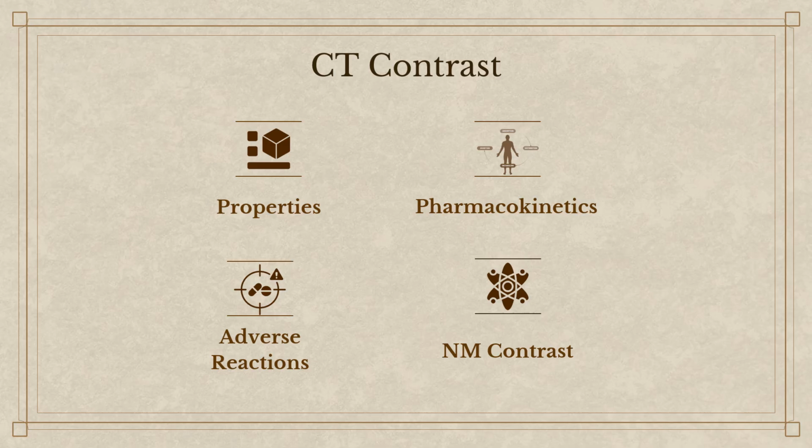Three, adverse reactions, including safety considerations, potential complications, and prevention strategies. And finally, nuclear medicine applications for the role of contrast media in nuclear medicine, particularly in PET-CT procedures. We'll start with the properties.